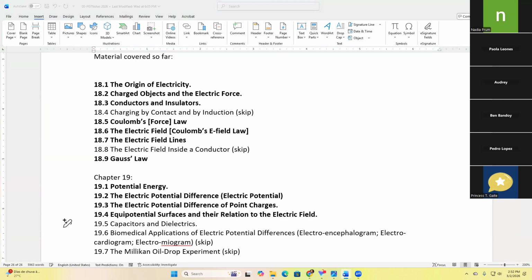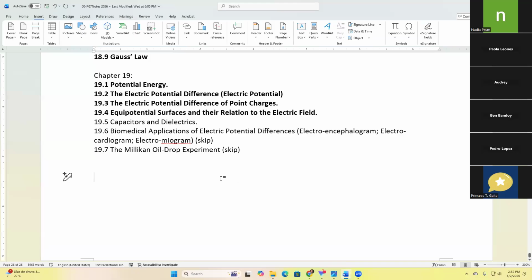So let's get here. Let's talk about Gauss's law. Okay. What you have to know about Gauss's law is that it is just another way of expressing Coulomb's law.